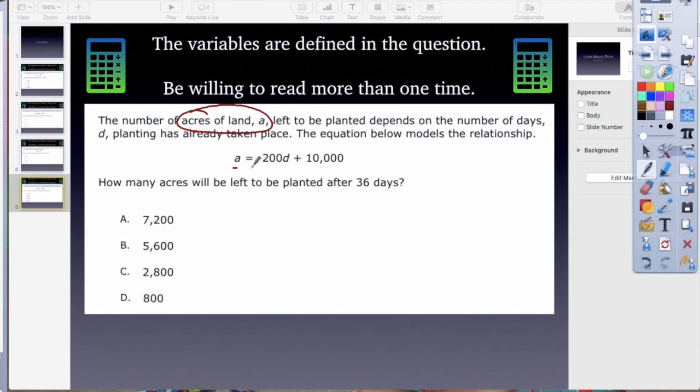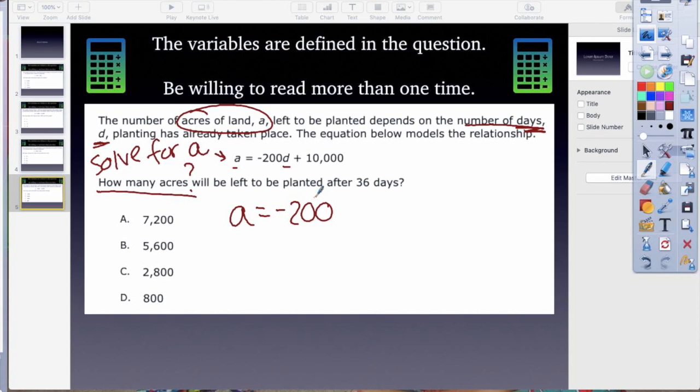It says right there in the question. How many acres will be left to be planted after 36 days? So you'll put 36 in for the D. We're solving for A because the question is how many acres. So write your equation. A equals negative 200 times the number they gave us for D, which of course is that 36.